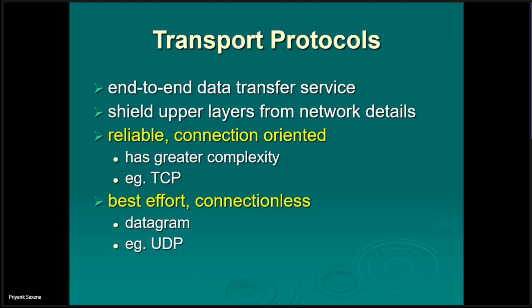This also uses the services of IP, right? Because UDP data is also encapsulated in the IP datagram, for routing purposes. So it provides a kind of best effort service, which is what IP provides, right? This is good for applications where we do not want the overhead of connection establishment. So we can go for UDP. It has many applications, right?